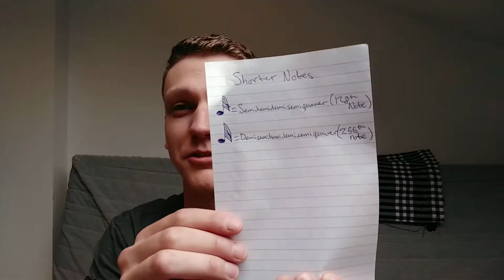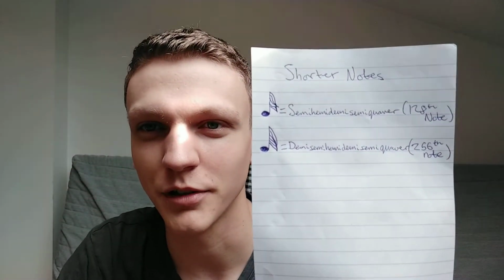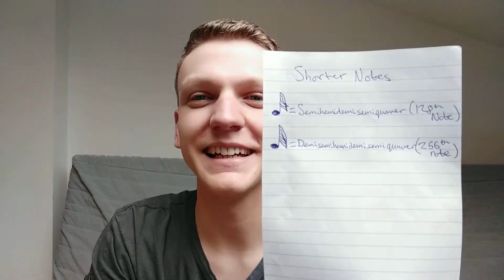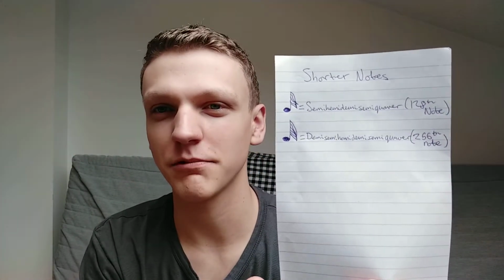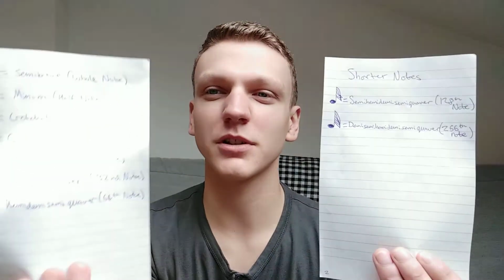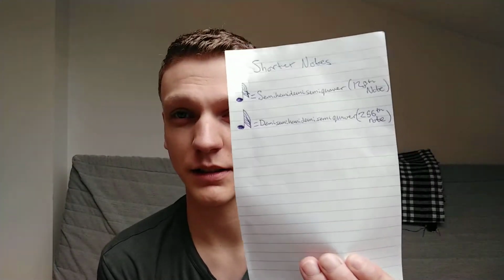And there's actually, believe it or not, some shorter notes still, which have some even more entertaining names. So the shorter notes are these ones here. I find them real tricky to draw with all the flags. As you can see, I'm not great at drawing. But these are rather uncommon. This is why I've drawn them on a separate sheet, because the 7 that are most commonly used in most modern music today, these are less common.